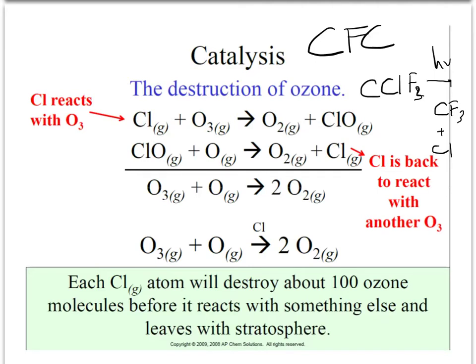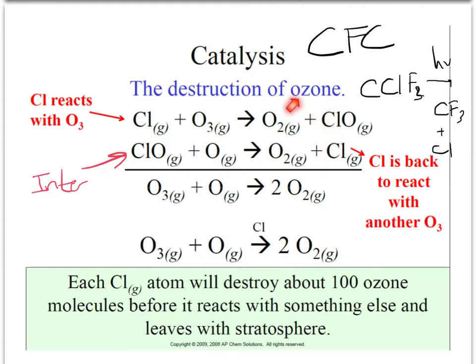So ClO, this one right here, is created then destroyed. In terms of elementary steps and mechanisms, we would call that an intermediate. Cl, on the other hand, is there, it's destroyed, and then it's recreated.